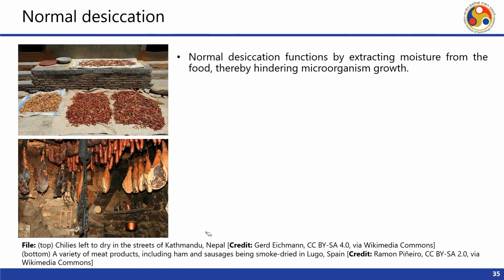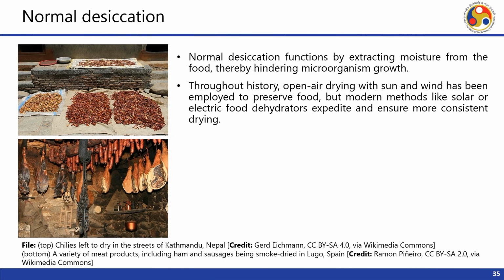So, this is what we call normal desiccation. It has been known to human civilization for quite long, and this is basically an open air drying method with the help of sun and wind, and this has been very effective in preserving food for thousands of years, I mean as a cultural practice.